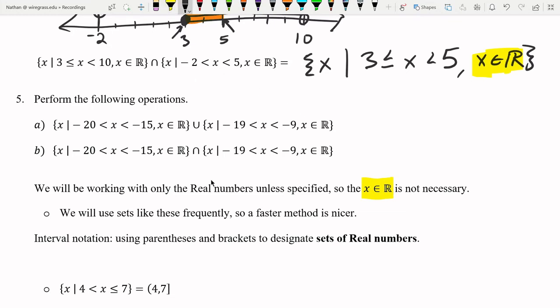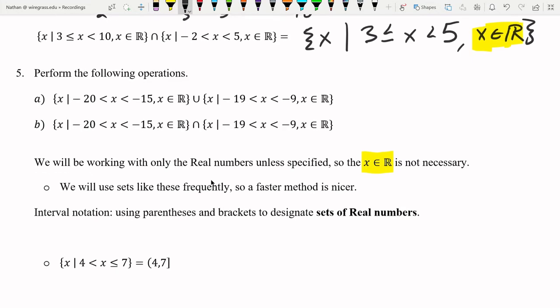These sets are so frequent, like I said, that an even simpler way to write them is nicer, and that is called interval notation. Parentheses and brackets are used to designate the sets of real numbers. All I've done here is remove the x element of R, because that's understood. That's always the case.